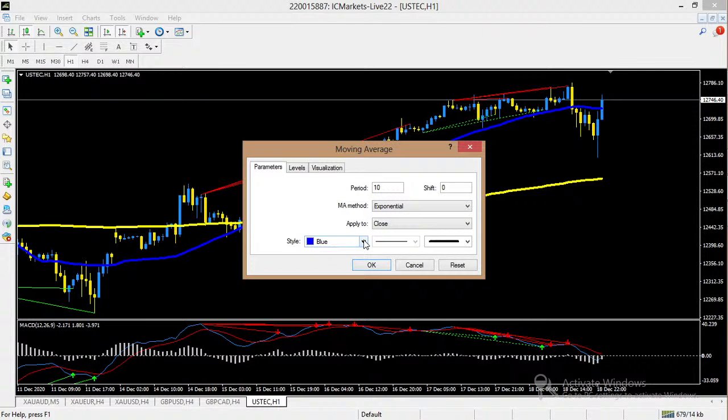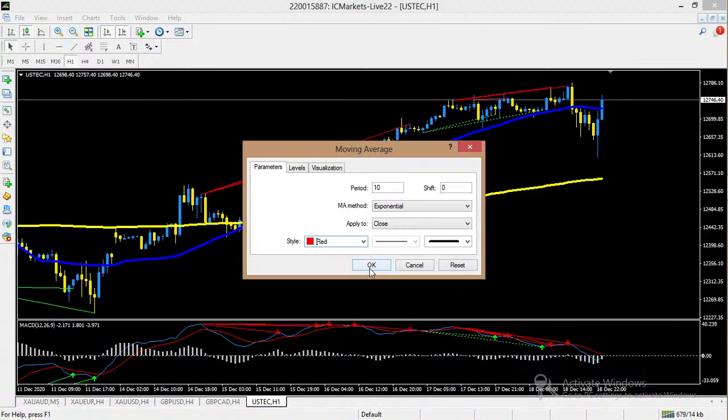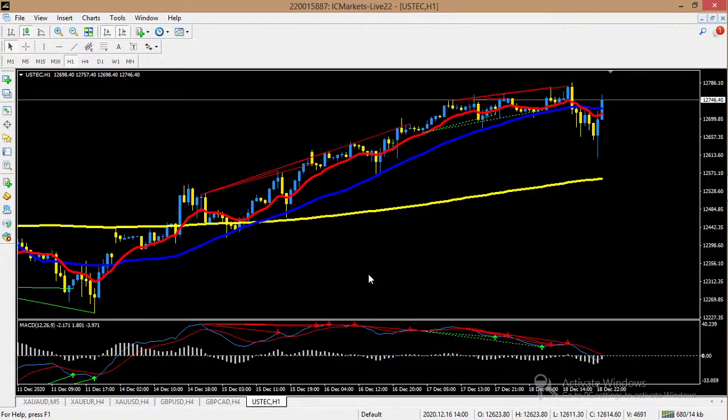I would like to use the red color. So this is the secret. With these settings now, you can determine where you make your entries from.